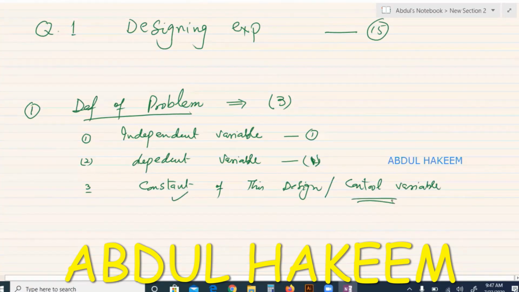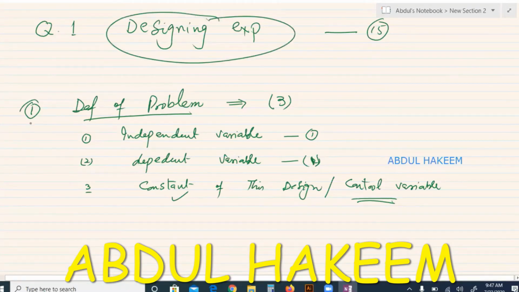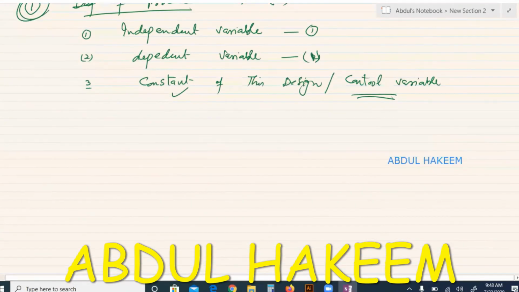So this is the first heading of all questions in P5, the question number 1, designing experiment. So first we will write the definition of the problem, and under this definition, we will write independent variable, dependent variable, and what is the physical quantity which must be kept constant throughout the experiment.